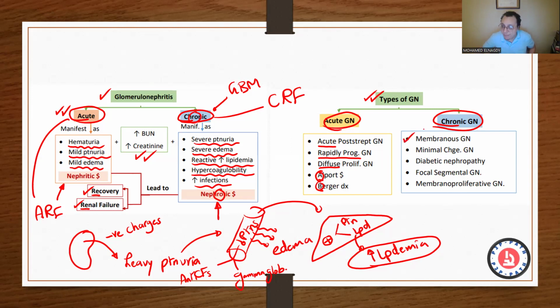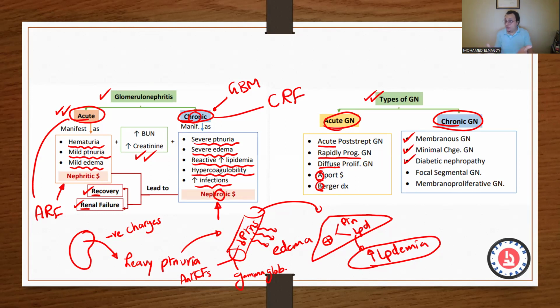See, membranous glomerulonephritis doesn't have any diffuse, doesn't have any acute, doesn't have any rapidly progressive, doesn't have any scary word. So it's chronic, it's nephrotic. See, minimal change glomerulonephritis, that's minimal change. So it's minimal change, so this means it's chronic.